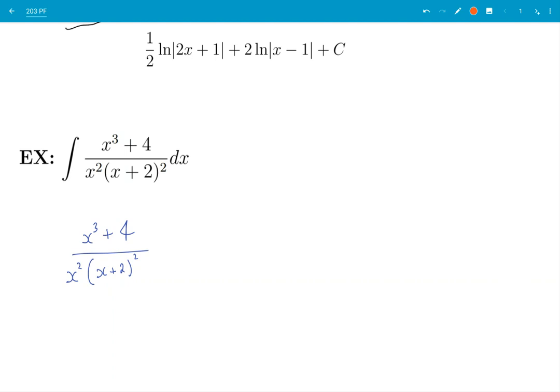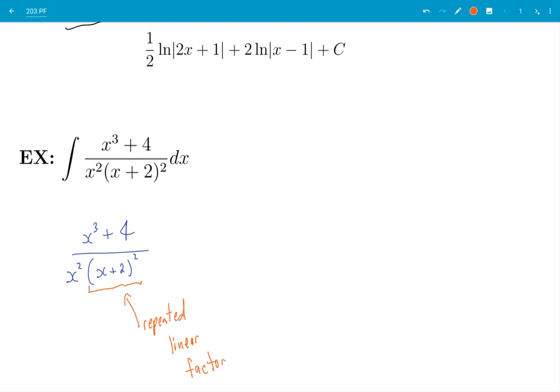Okay, so this, it's called a linear factor, but it's repeated. We call that repeated linear factor.